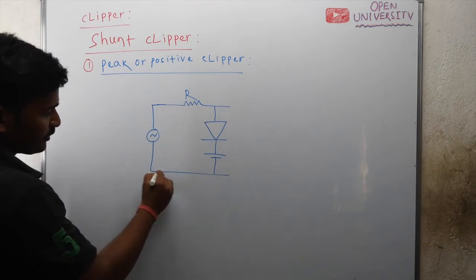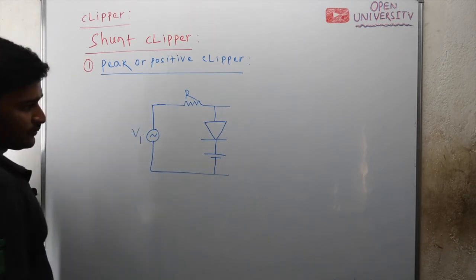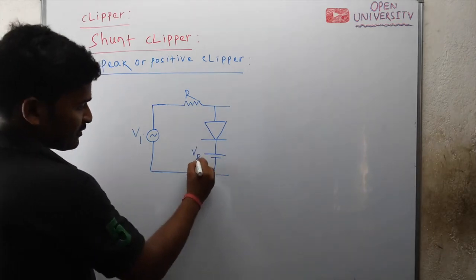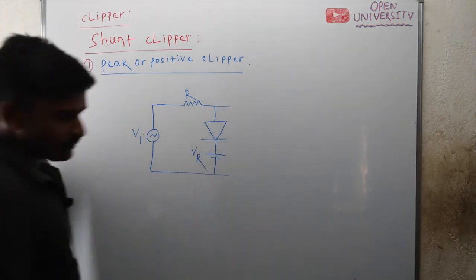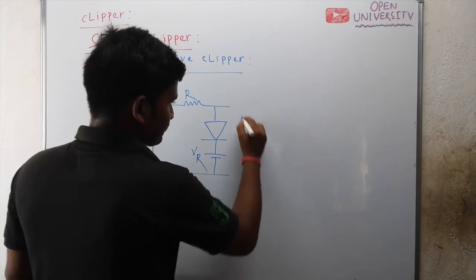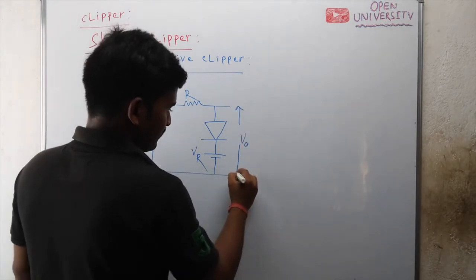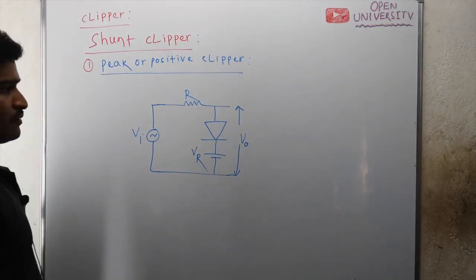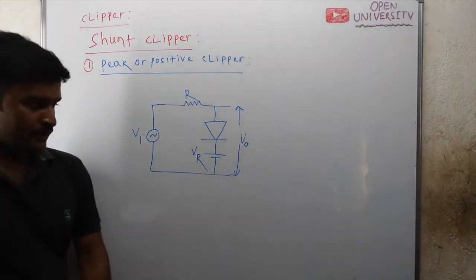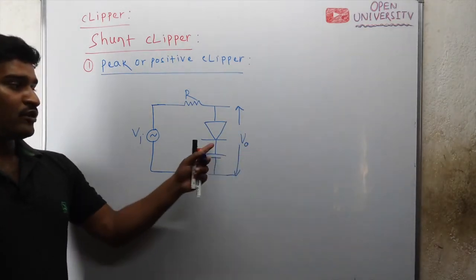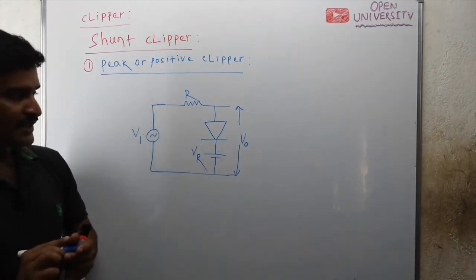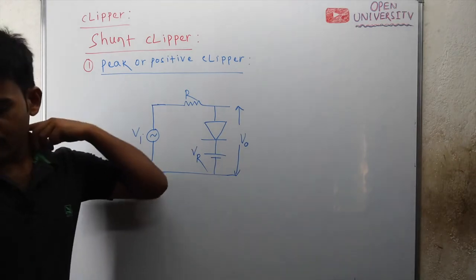This is your input voltage waveform, which is basically a sinusoidal signal. This is your reference voltage VR, and this is the output voltage V0. Since the output is taken in shunt with the diode, it is called a shunt clipper, and it is basically a positive clipper. So write down one point.